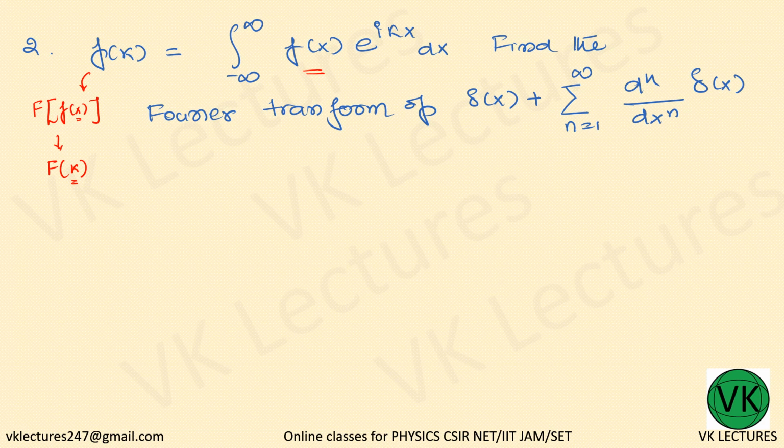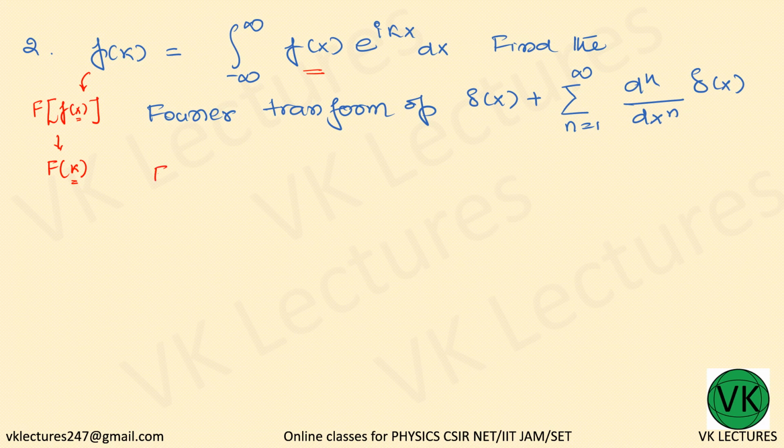Okay, now find the Fourier transform of delta of x plus the sum over n equal to 1 to infinity of the nth derivative, d power n by dx power n of delta of x. So each time it's the first derivative, second derivative, and we have to take the Fourier transform.